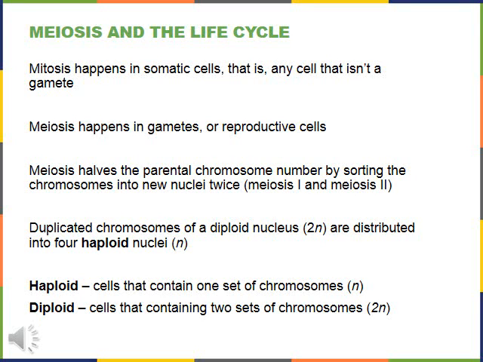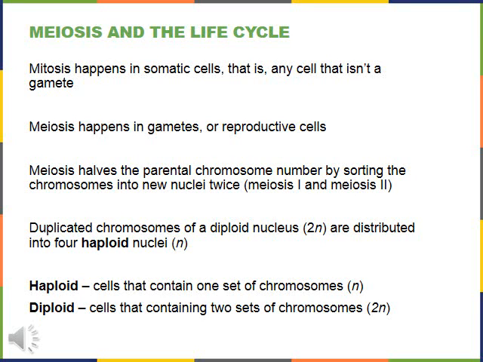Okay, haploid cells are one set of chromosomes, denoted as a little n, and then diploid has 2 sets of chromosomes, 2n. And just remember, diploid has 2 because one comes from the mother, one comes from the father. Okie doke. So the ending of mitosis and meiosis are different, and they're basically the important part of both processes.